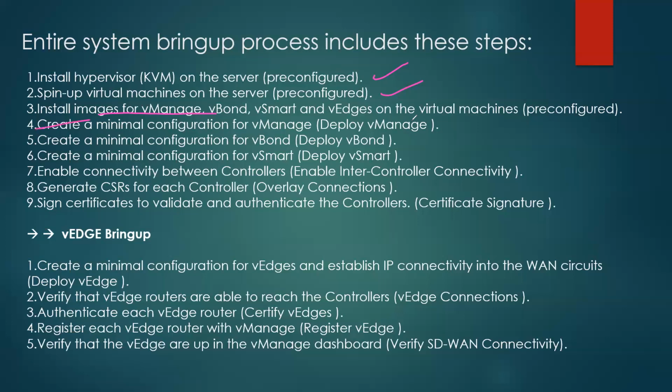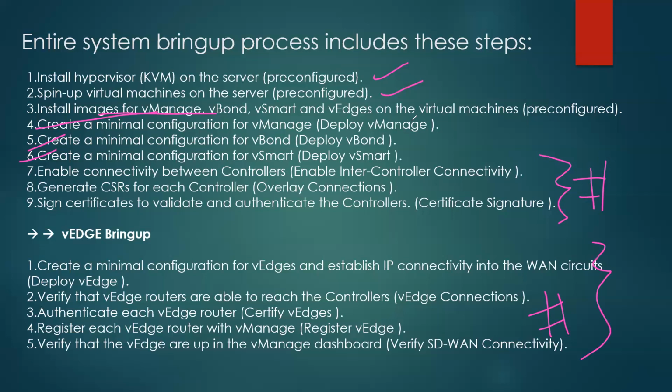Once we have the minimum configuration for vManage, likewise I'll show you vBond and vSmart in the next session. Then we have to follow the certification process. All these steps I'm going to show you in the next session because it will take some time. Tomorrow we have to bring our lab up and running. Once our lab is up and running, then we can go and upgrade it.